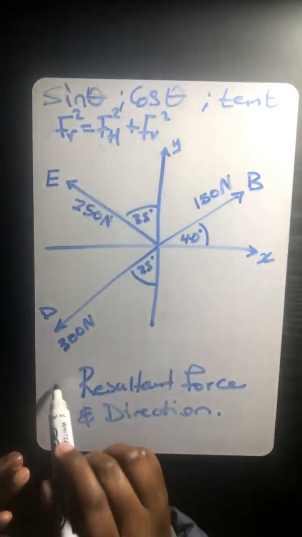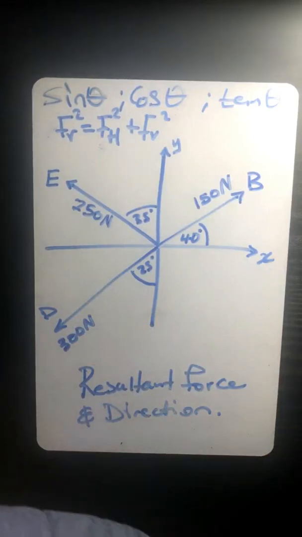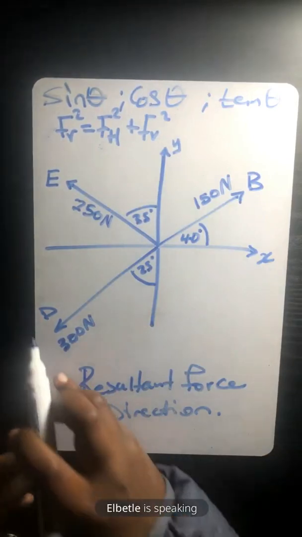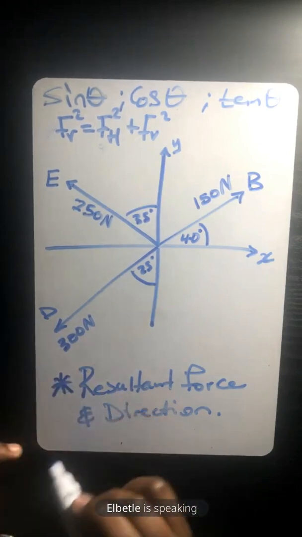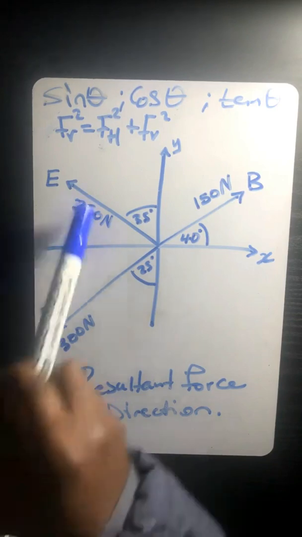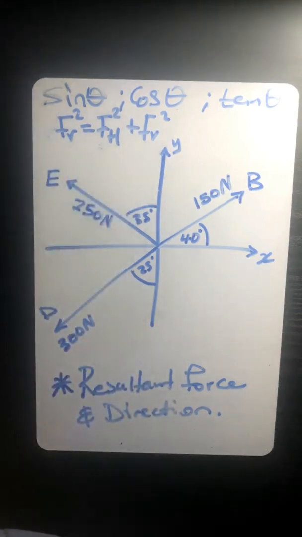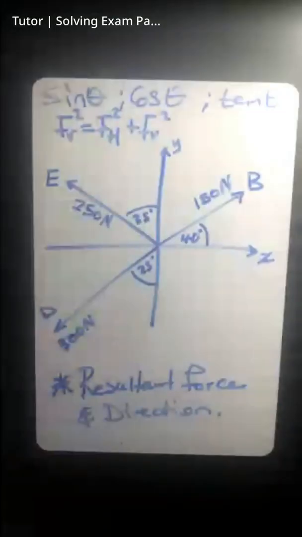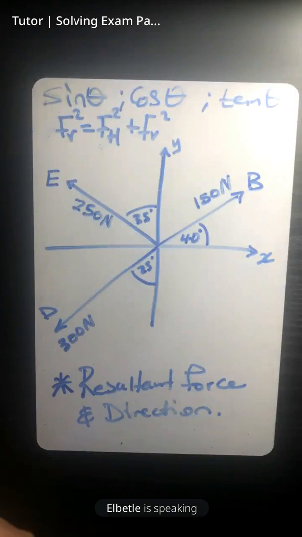Yeah, so here is the question. What is the question saying? Resultant force and direction. So do you now notice when you are going to use this formula? When you're calculating the resultant force.